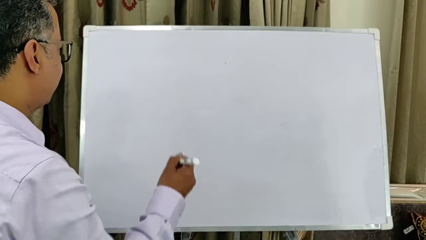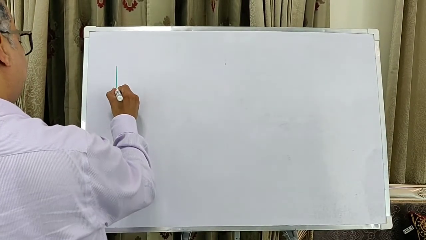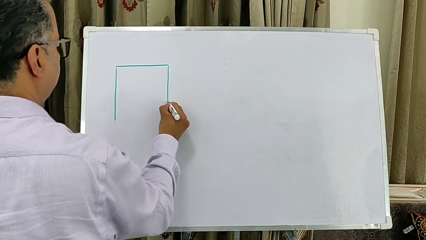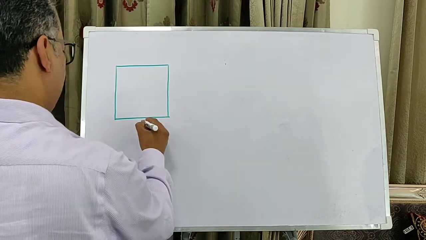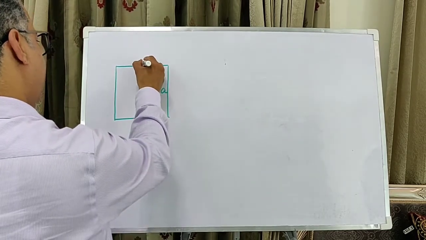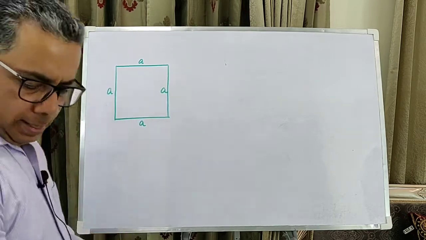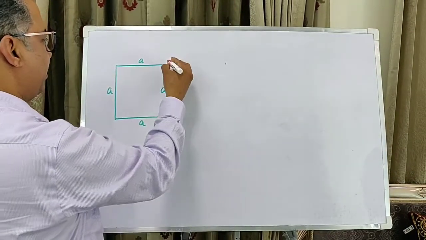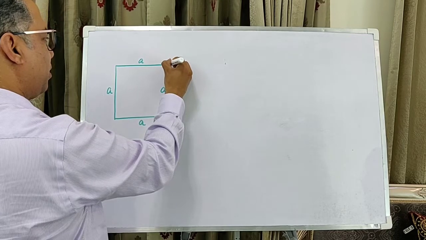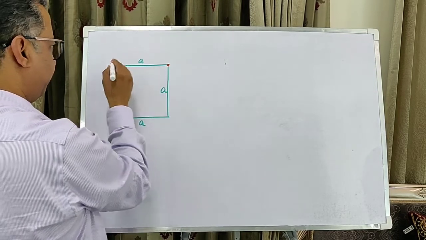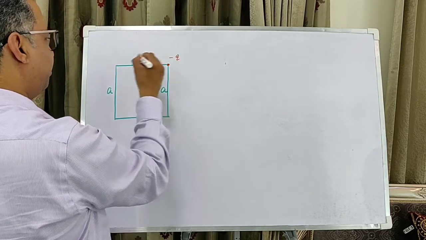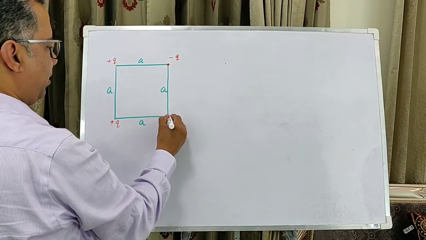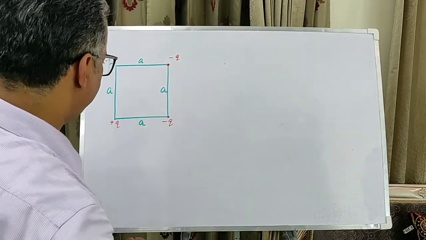Let's say we have a square with side A, and at the vertices of this square we place charges minus Q, plus Q, plus Q, and again over here minus Q.